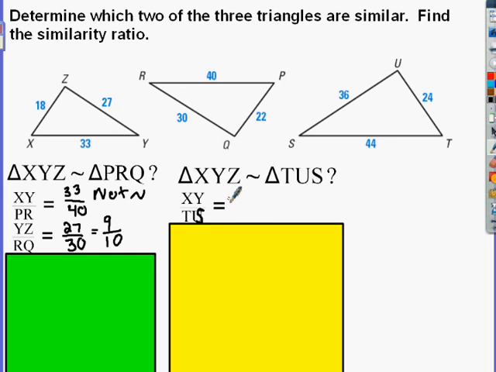So XY is 33 over TS is 44. 11 goes into both of those, so that will reduce to 3/4.